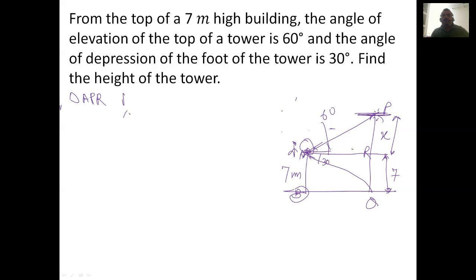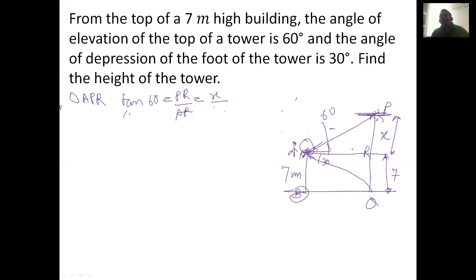We will find that tan 60 degree is equal to PR upon AR. And we know that PR is equal to x, so x upon AR, and we don't know the value of AR.